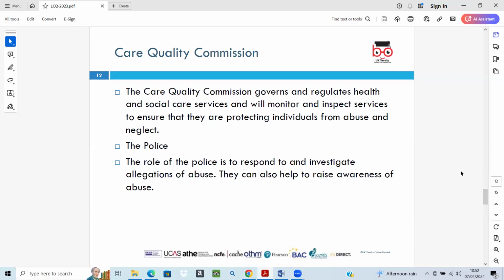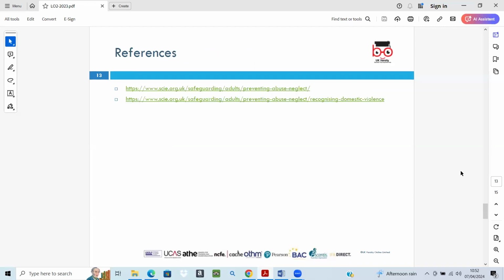So what we do generally is, if we understand the roles of the CQC and the police in safeguarding, then as a care worker or a person working in the health or care industry, they can appreciate the multi-agency approach to protect vulnerable individuals from abuse and neglect. So this is about CQC.